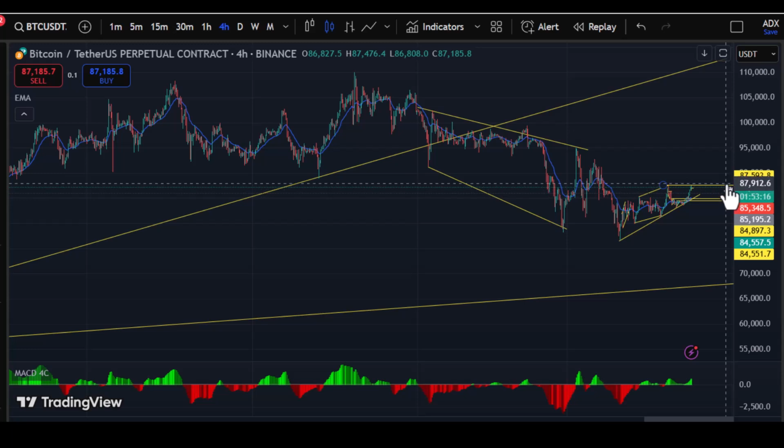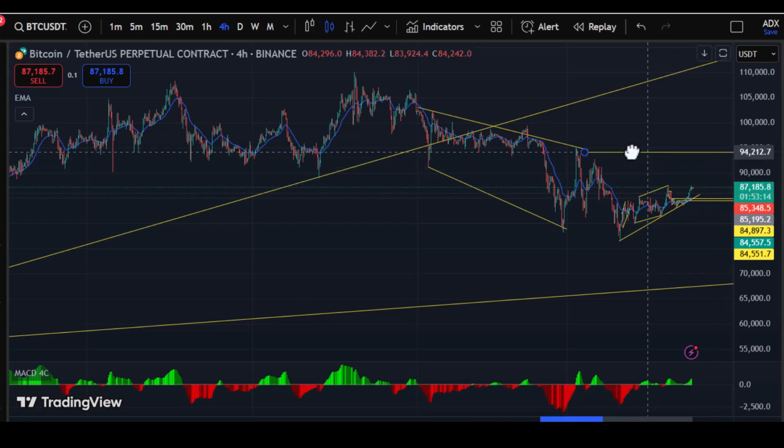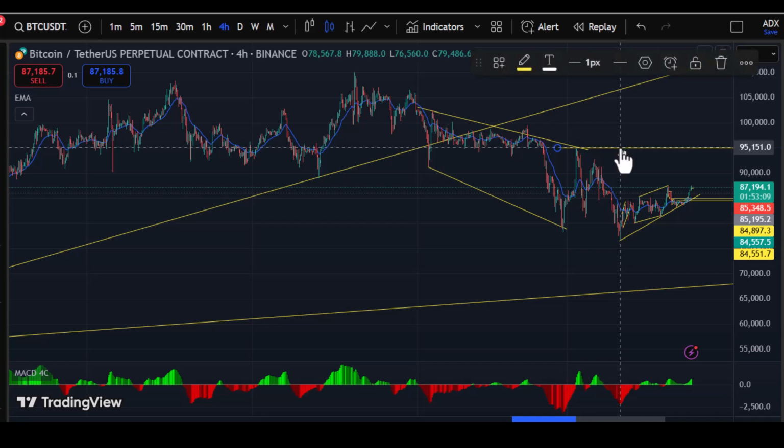The first key level to watch out for is here, which is 95,151, because that's the first impulse. This is exactly what the market has done: we have seen this impulse, correction, impulse, which is a wave, and also we have this 3-wave move here.